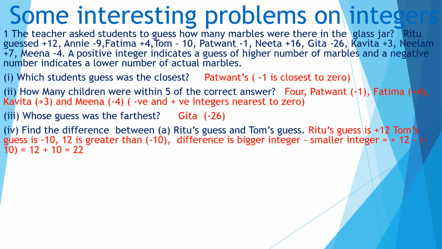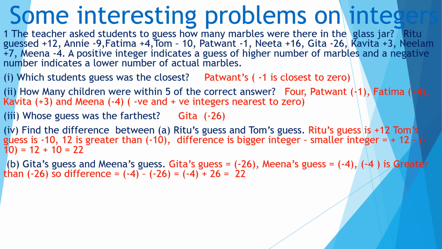So the difference will be +12 minus -10, which is equal to 22. Now Geeta's guess and Meena's guess, we have to find the difference. Geeta's guess is -26, Meena's guess is -4. Out of the two integers, -4 is greater than -26. So -4 plus 26 is equal to 22.